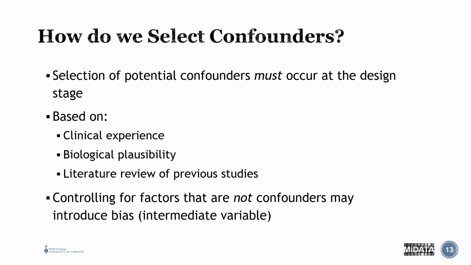So how do we select confounders? Selection of potential confounders must occur during the design stage. They are based on clinical experience, biological plausibility, and literature review of previous studies. And controlling for factors that are not confounders may introduce bias, so be careful of that, called an intermediate variable.